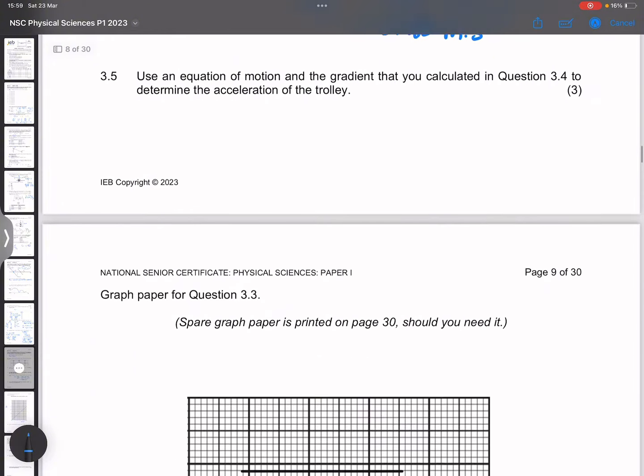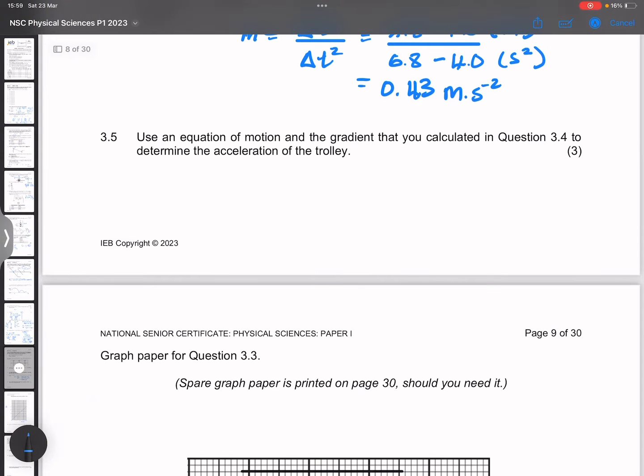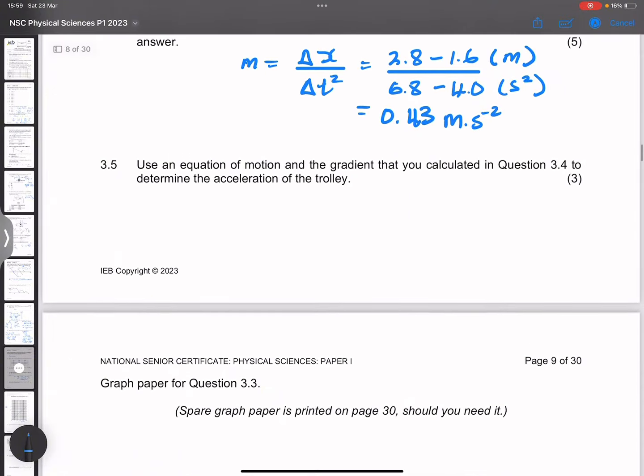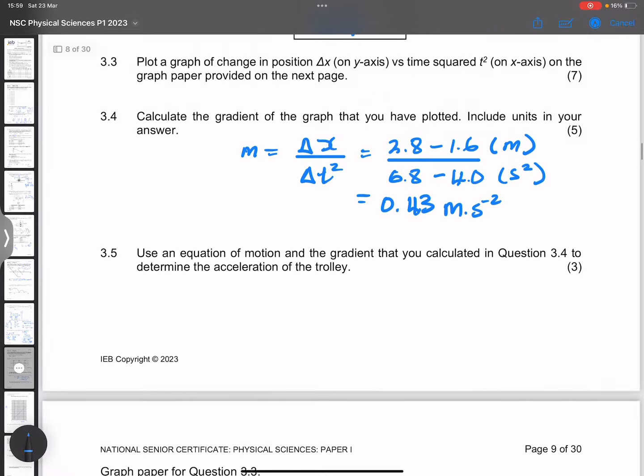Right, now they say to us, use an equation of motion and the gradient that you calculated in 3.4 to determine the acceleration of the trolley, right? Now, I want you guys to please note, I found out from this that this gives me an acceleration of 0.4, right?